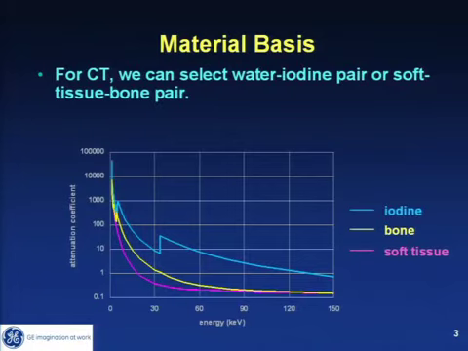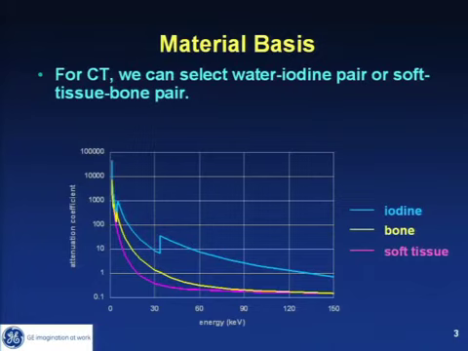So the concept of using two materials to represent the mass attenuation coefficient of a third looks pretty strange. But if we take a closer look at this graph, it shows three materials which typically appear in the human body: iodine, bone, and soft tissue. If we want to express the yellow curve, which is bone, by the attenuation coefficient of the blue curve, which is iodine, and the pink curve, which is soft tissue, they don't look similar at all.